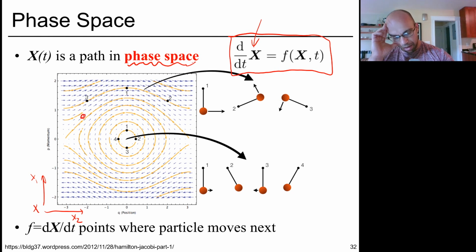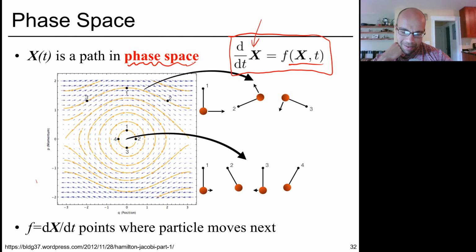So if I'm sitting here and I evaluate my ODE, it gives me a vector, which is how x is changing. Okay, so if I look at all the possible locations x, then what I get is a vector field, right? And that's telling me if my current configuration x is here, this is how it wants to change. And this is called phase space.